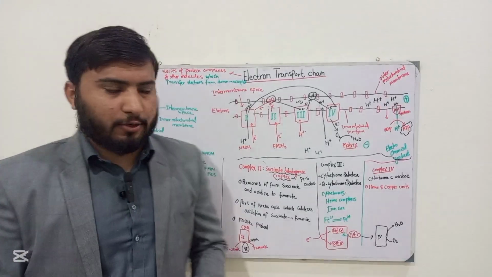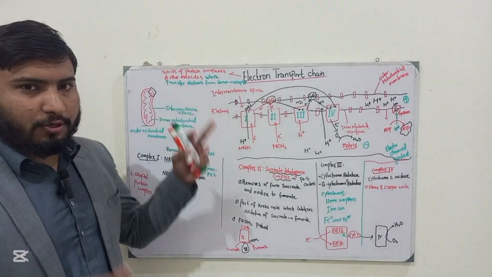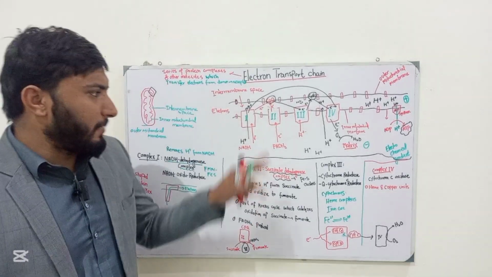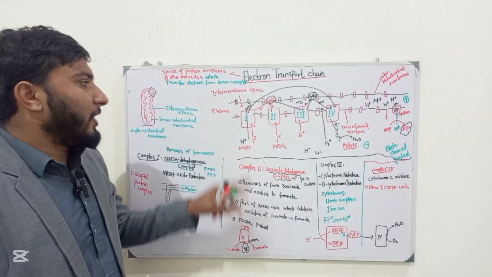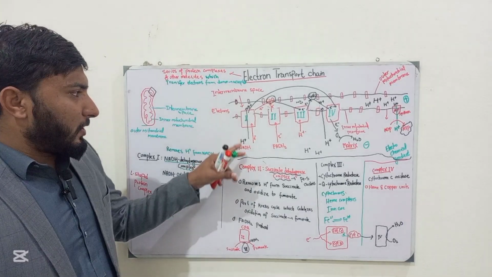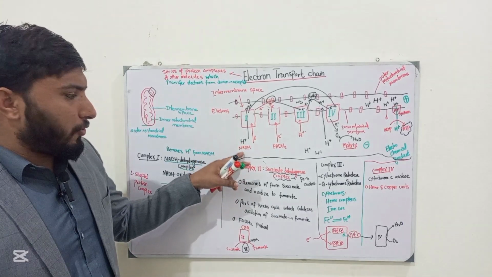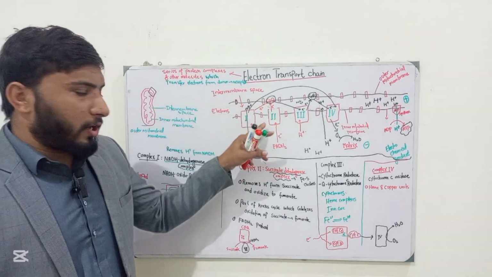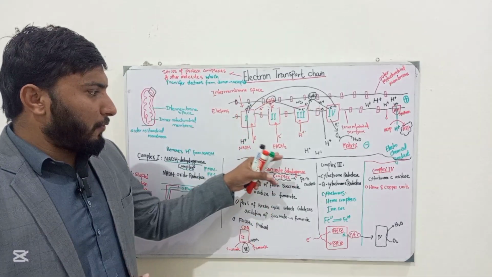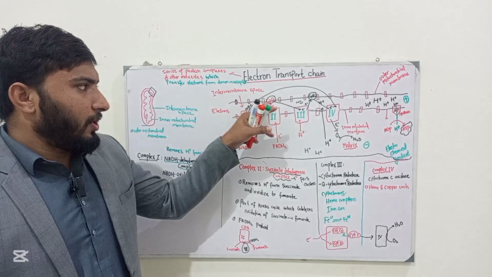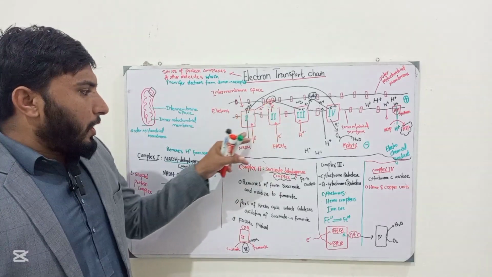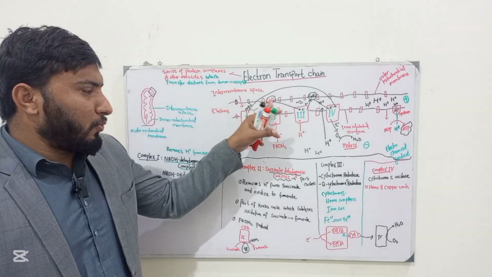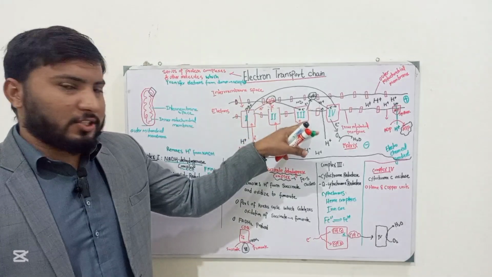We discussed electron transport chain. First of all, we discussed the definition of electron transport chain. Four complexes are used: complex 1, complex 2, complex 3 and complex 4. Complex 1 accepts electrons from NADH, then transfers them to coenzyme Q. Complex 2 accepts electrons from FADH2 and transfers them to coenzyme Q. Both complexes transfer to coenzyme Q. Coenzyme Q transfers to protein complex 3.